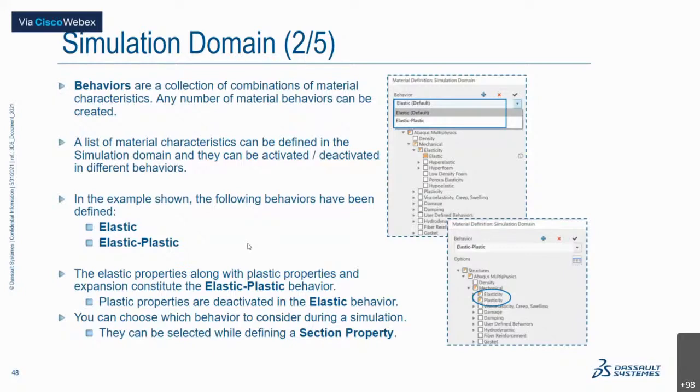So for a material that follows only elastic loading, we can just select the elastic compo reference out of there, and you can define the Young's modulus and the Poisson's ratio, and accordingly you can just apply the material on your component. But if you also want to do it for an elastic plastic, you can just rename it to anything. But in that case, you'll also have to select the plasticity behavior and you'll have to define them too. So this is how you can define in a simulation domain.